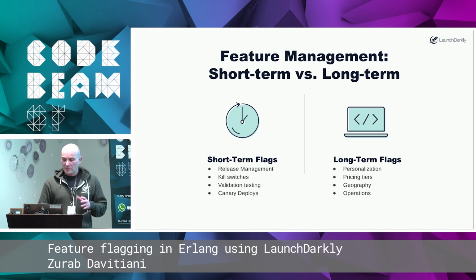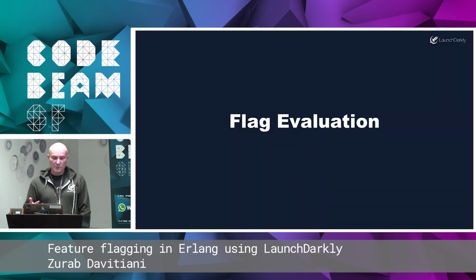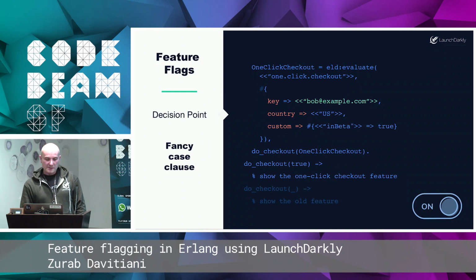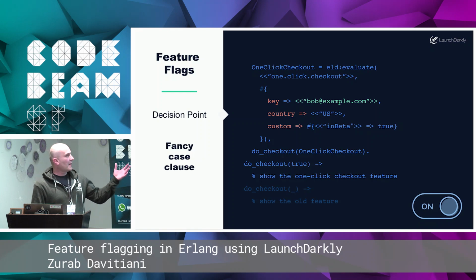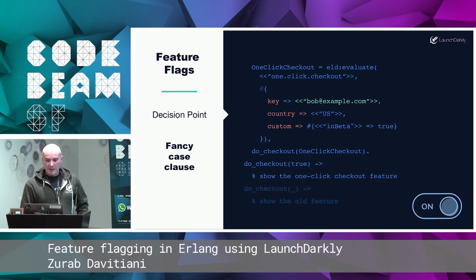So feature flags are all great and useful, but how do we use them? Well, we evaluate them. But what does it mean to evaluate a flag? Well, here's a code sample. To evaluate the flag, we call a function and pass it a flag key and then a user object and get the result of the evaluation.